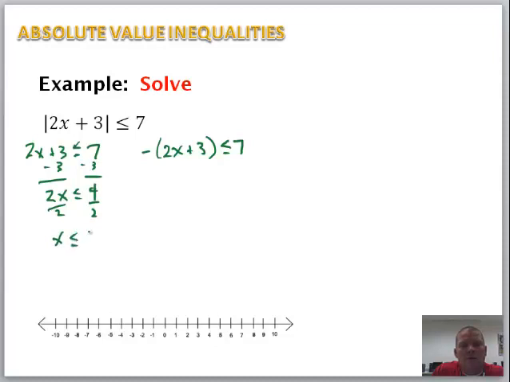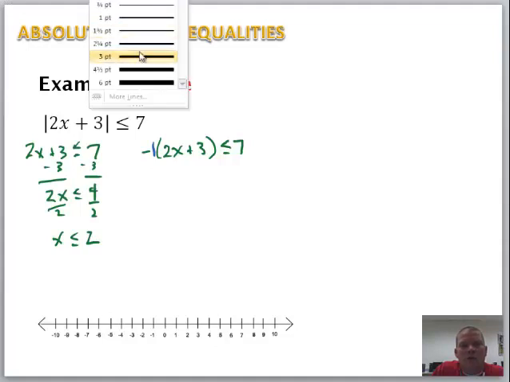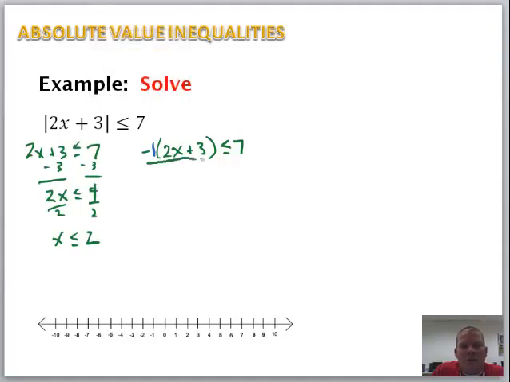The second one, remember when I have that negative out in front, that's like I'm multiplying by negative 1. So I want to divide both sides by negative 1, or I could have distributed if I wanted to. But those negative 1's cancel, and I'm left with 2x plus 3 on that side.